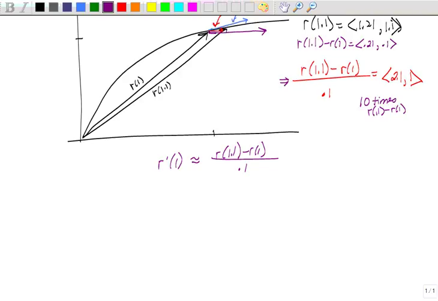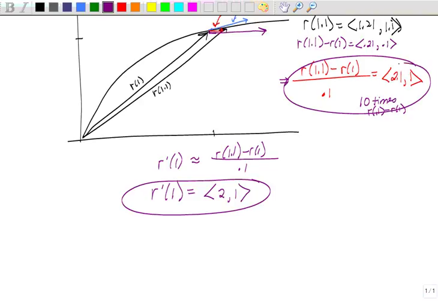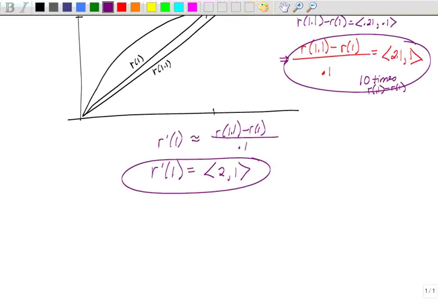And actually, let's go ahead and find R prime of 1. If you take the derivative and plug in 1, it is (2, 1). So you can see how close this is to this in the length. They're almost the same length and same direction.